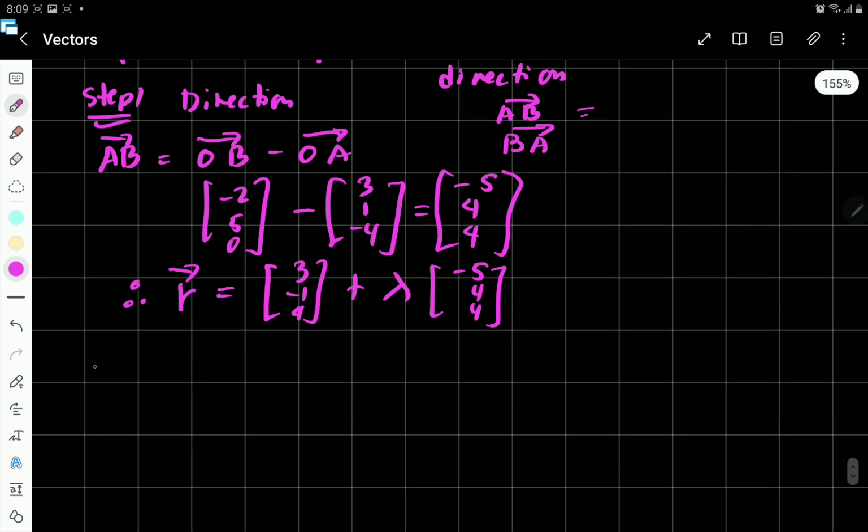This can be written as well using unit vector notation, in the form of i, j, and k.